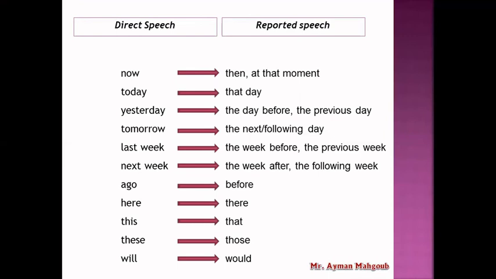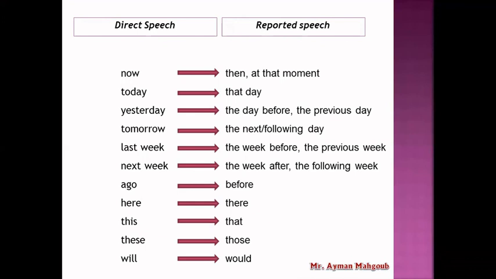Last week or last month becomes the week before or the month before, the previous week or the previous month. Next week, next month, next year: next week becomes the week after or the following week. So next month becomes the month after or the following month, and so on. Ago becomes before. So a week ago becomes a week before.